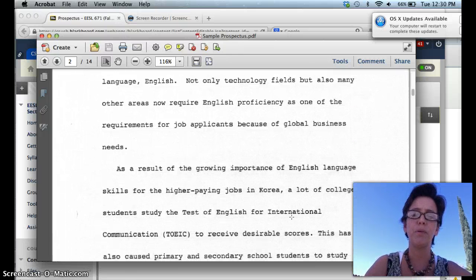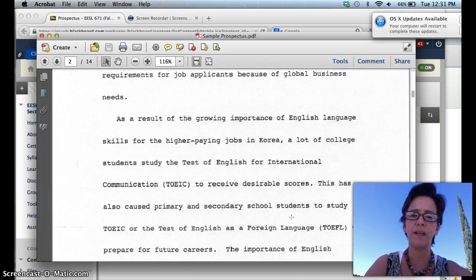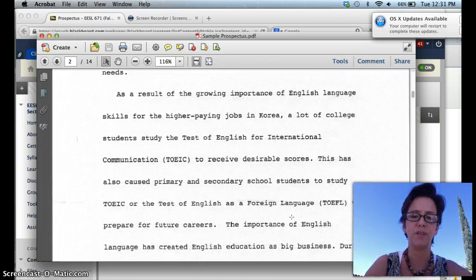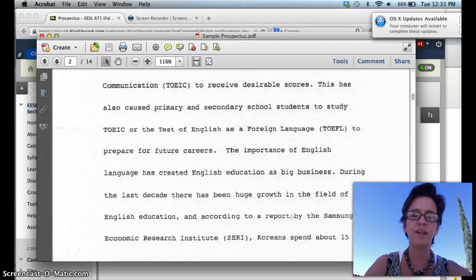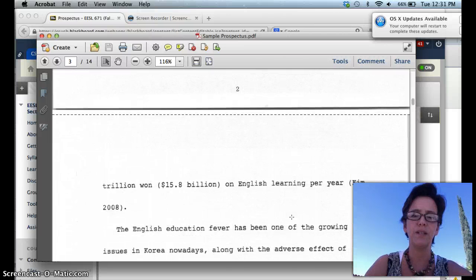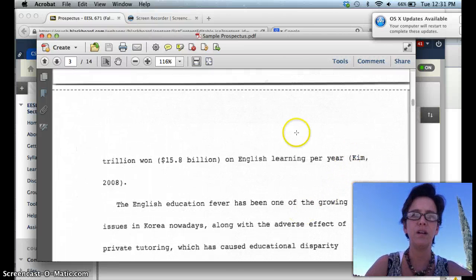So here's the growing importance of English language skills for higher paying jobs, etc.